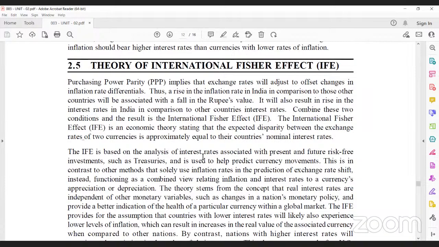The result is a rise in the interest rates in India in comparison to other countries' interest rates.